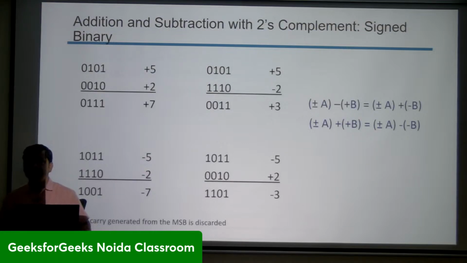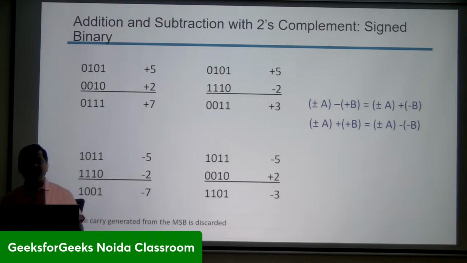Addition and subtraction using 2's complement, for any signed binary number. For any signed binary number, we can apply addition or subtraction using 2's complement, like in the previous example where we subtracted two numbers via 10's complement. For addition, there is no problem. If positive numbers are there, there is no need to convert into 2's complement, because 2's complement is only required for negative number representation, as I told you earlier. Once you represent any negative number in 2's complement, you need not subtract.